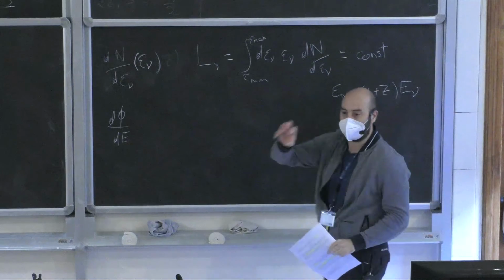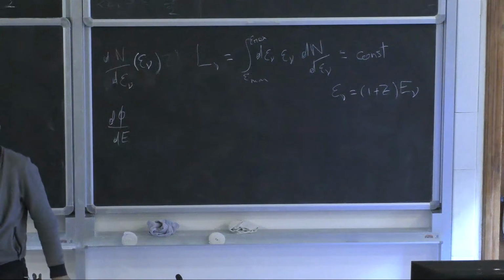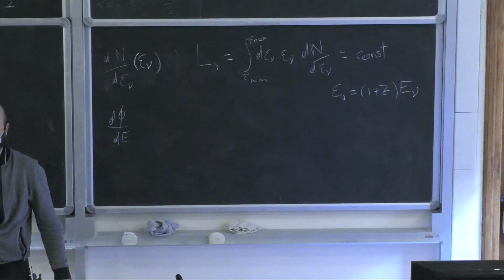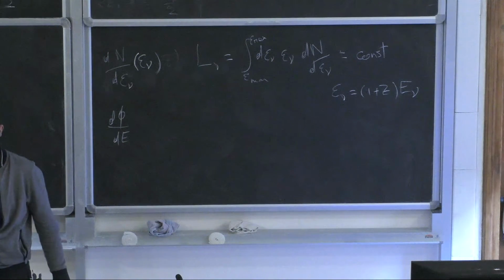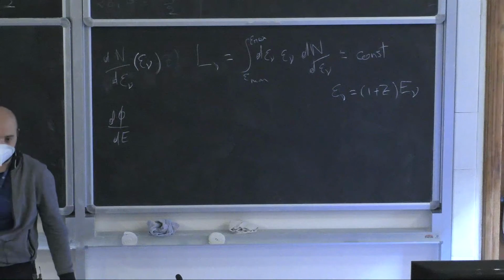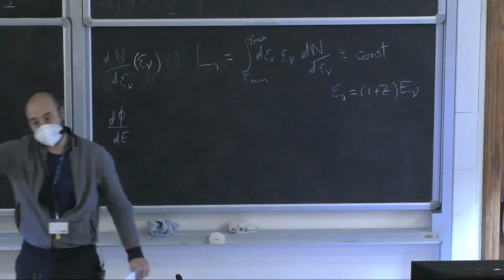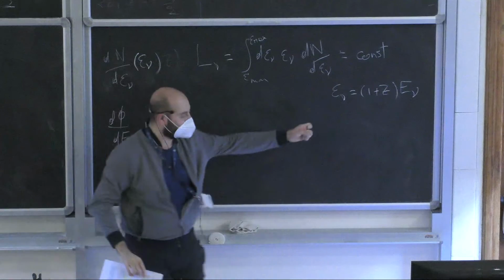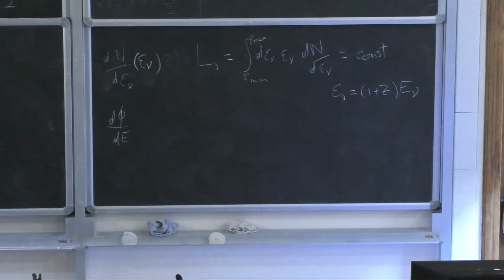I'm putting these sources at different distances from us. So even if intrinsically they are all the same, the energy that I see from a source nearby is the same as the intrinsic energy. For a source that is very far away, this will be much degraded in energy by a factor 1 plus z. That's what I call implicit dependence on redshift.